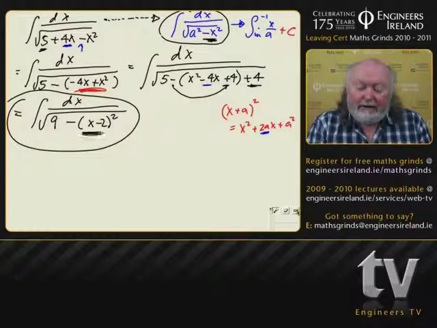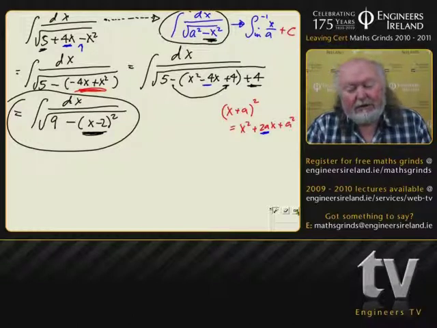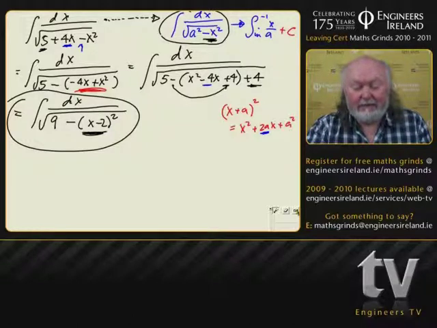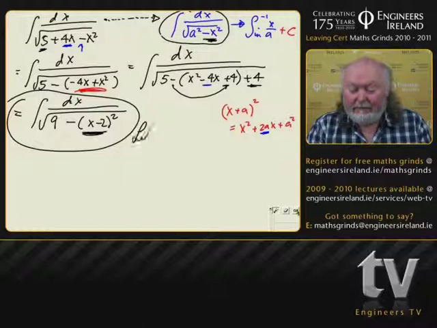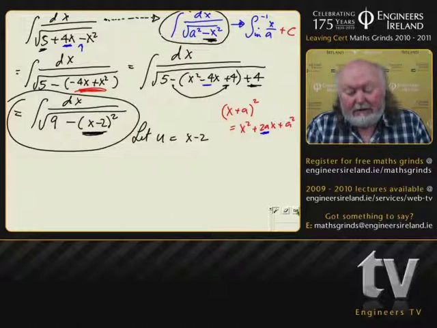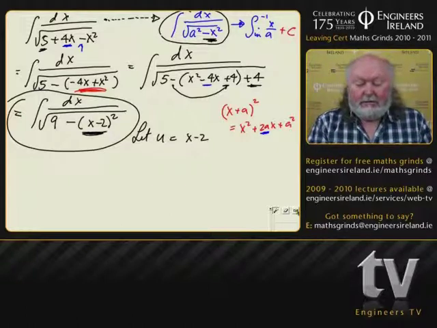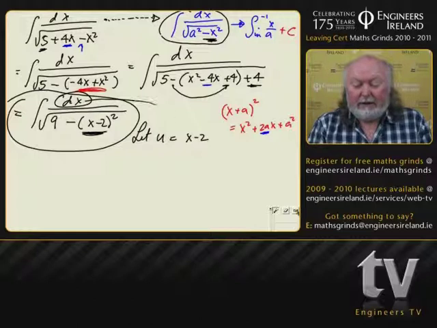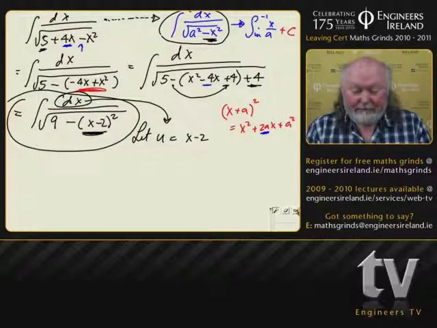We have to deal with this guy though down here, and you deal with a lot of these things in integration by using a substitution, and we can say let u equal x minus 2. Now that's nice and handy because we will have a minus u squared underneath. However, we don't know exactly how to deal with this yet, because I haven't told you.